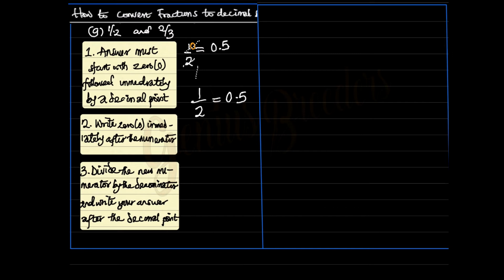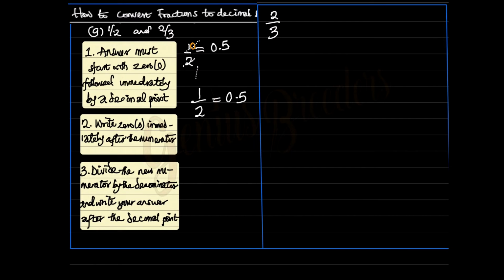Now let's go to 2 over 3. With all the steps that I've highlighted here, let's apply it to 2 over 3. So 2 over 3 is also a proper fraction in which the denominator 3 is greater than the numerator 2. So we go ahead and apply the steps.